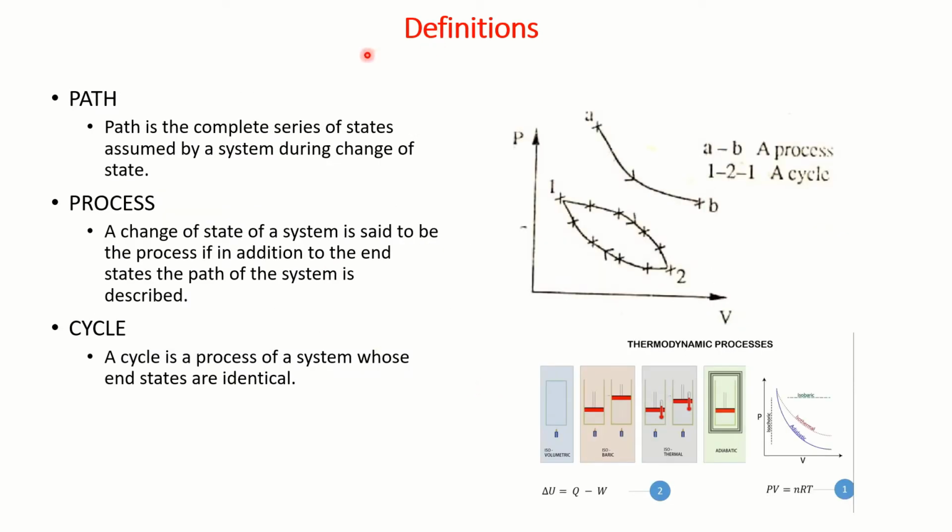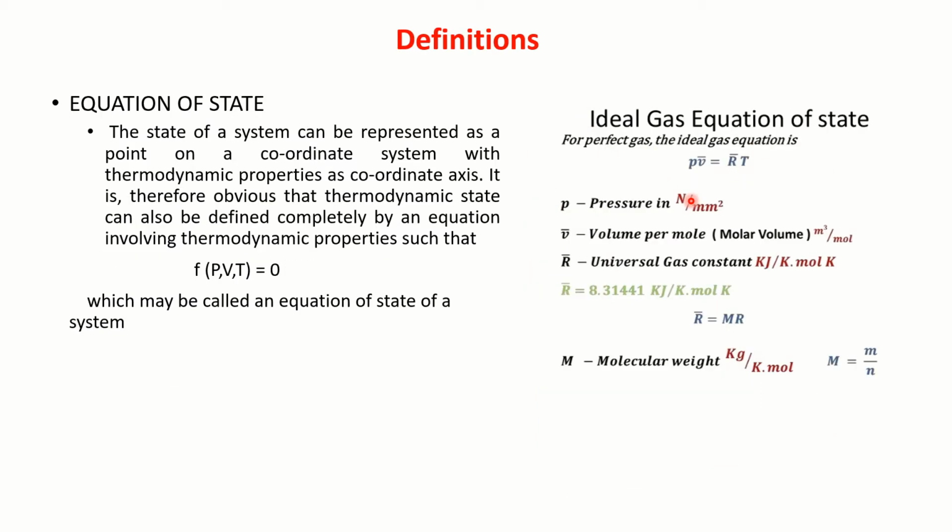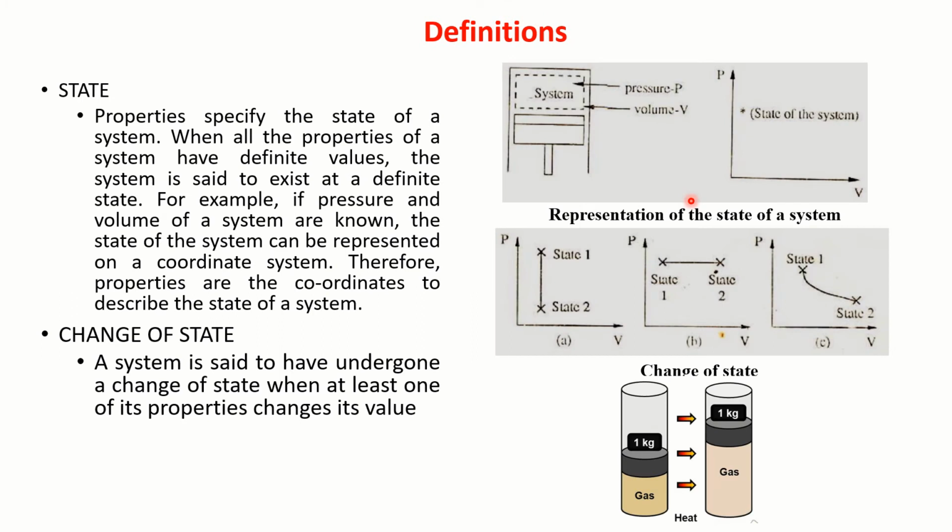Next, path. Look here, this is the initial state. This is the final state of a system. While undergoing this change, it must have followed a particular path, right? For example, you see here, the system has undergone a change of state, keeping the volume constant.